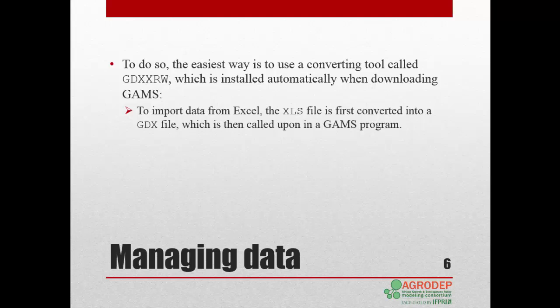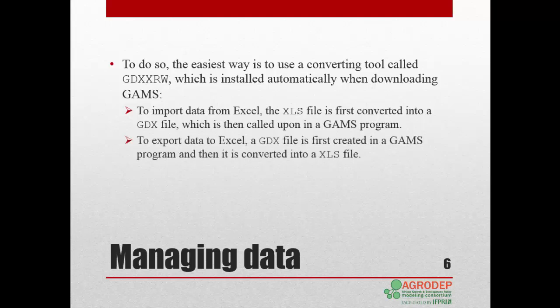To import data from Excel, first the Excel or XLSX file is converted into a GDX file, which is then read into a GAMS program. To export data to Excel, first the GDX file is created in a GAMS program, then the GDX file is converted into an Excel file. You will learn how to execute these steps in the following slides.